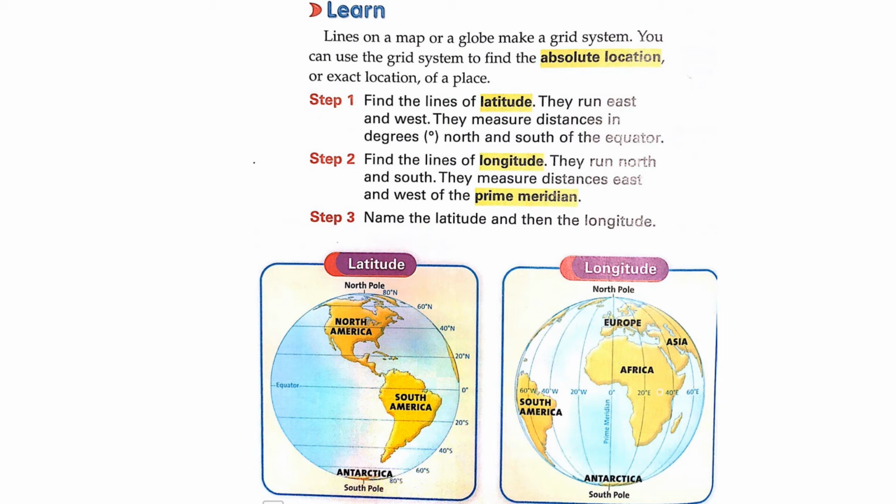That's how I want you to remember that. And for the word longitude, long, think about a long, really tall person. So remember these lines run vertically on the globe or on the map. These run horizontally like this in this direction, right? I just remember it this way.